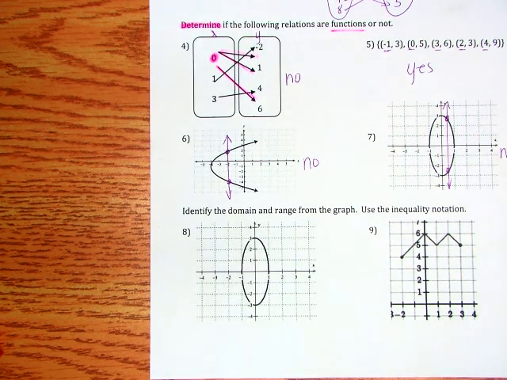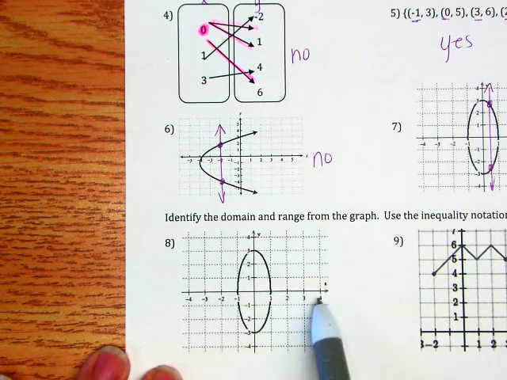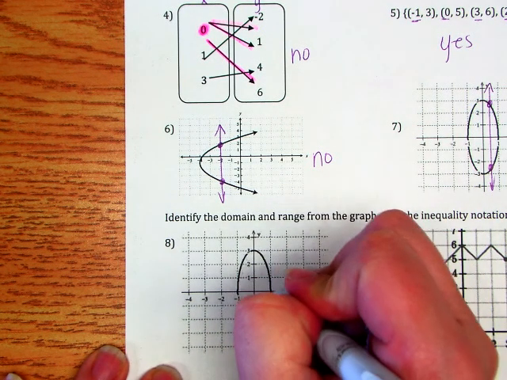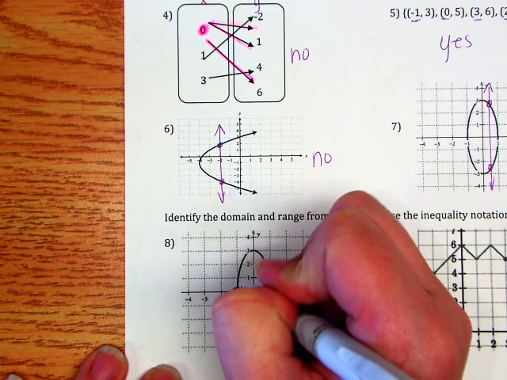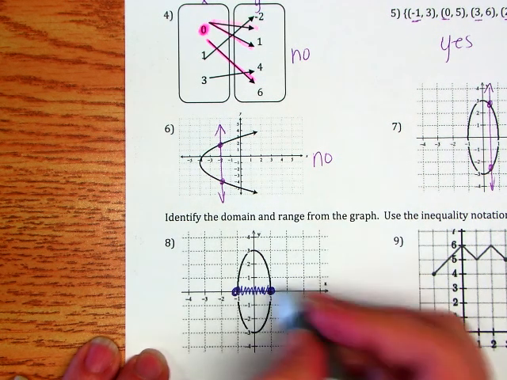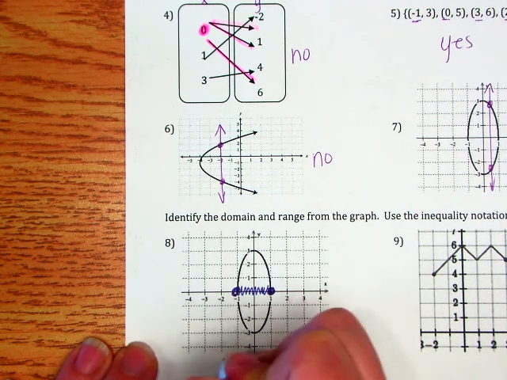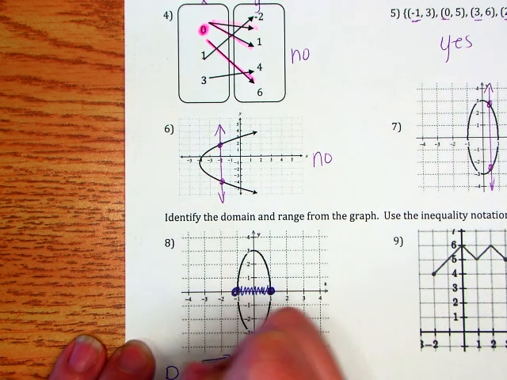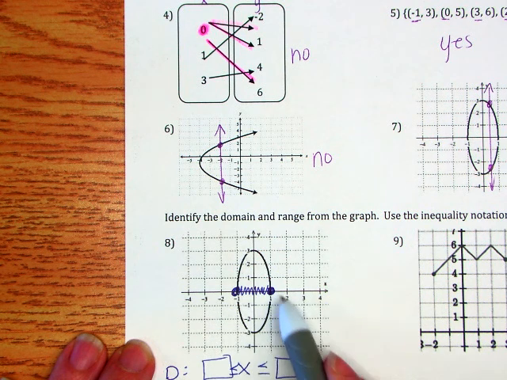Identifying domain and range. I want to zoom in for this one. When we talk about domain, we want to say how far left and right the graph is graphed. You note this on the x-axis. So when I write my answer, x, we're going to fill in these boxes for my domain. How far left, how far right.